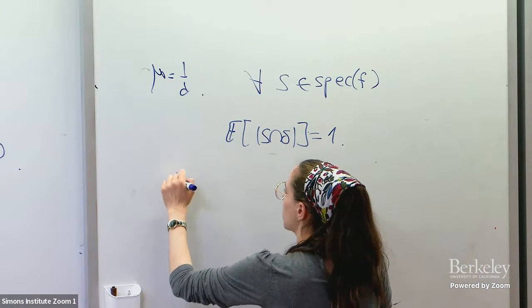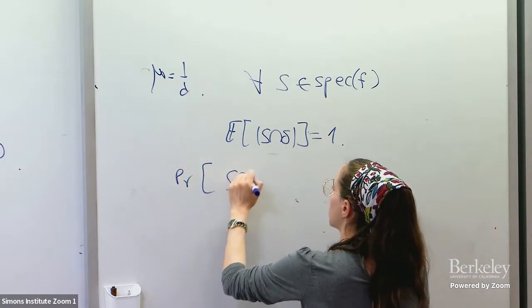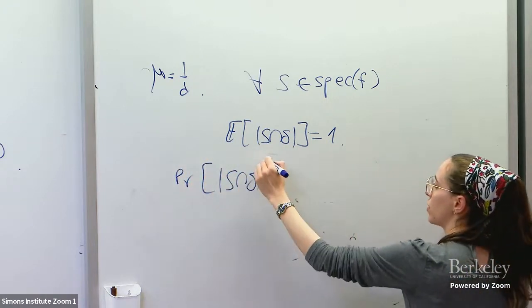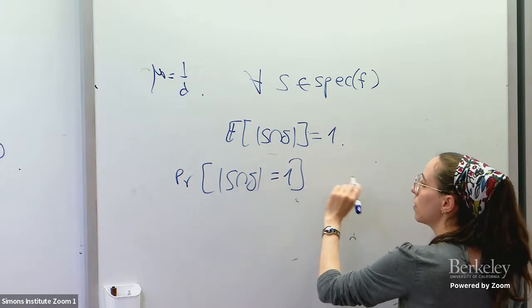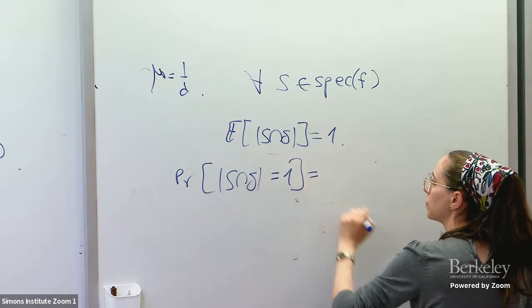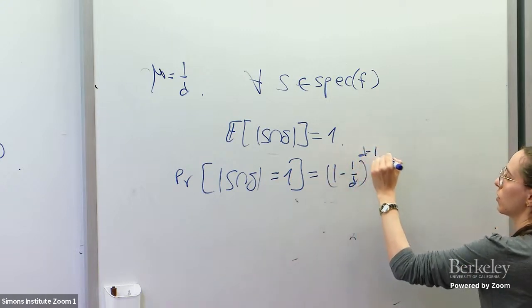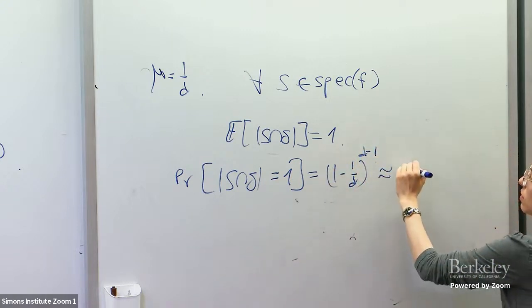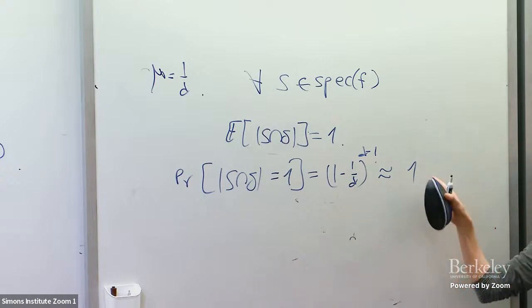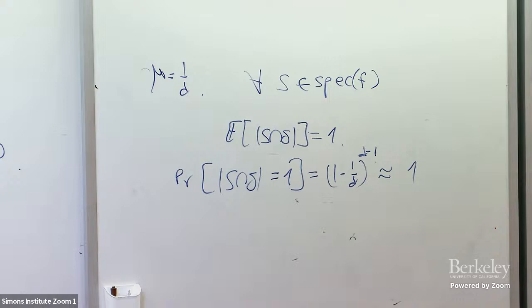And more than that, the probability that the intersection of S and J equals 1 is, after some calculation, (1 minus 1 over D) to the power D minus 1. This is approximately some constant, far from 0. And now, let's see what exactly I want to say about it.